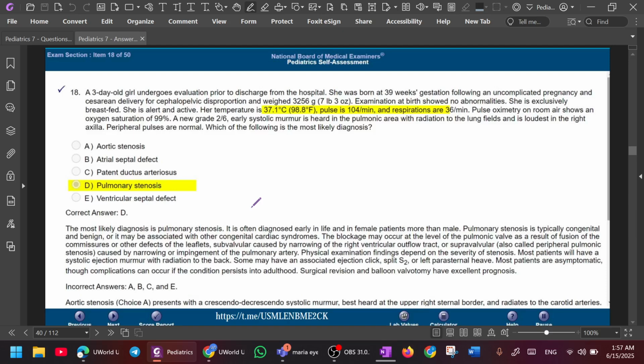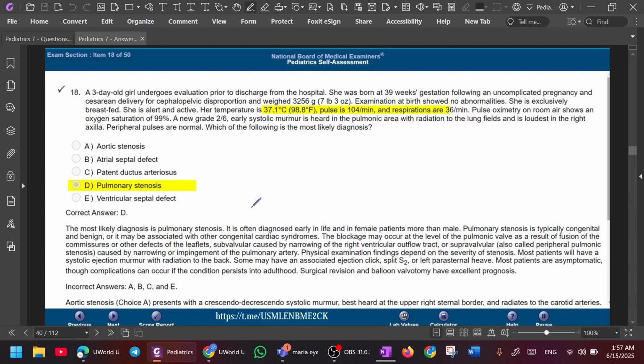But ASD is not systolic. Hmm. Pulmonary stenosis. Oh, why do I feel like it's ASD? Okay, ready. Oh, no, that was easy.